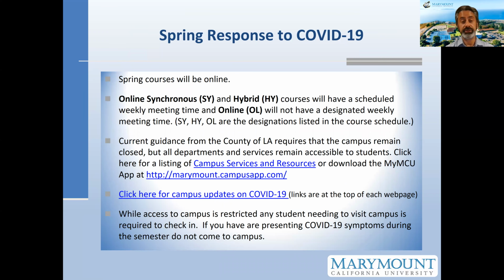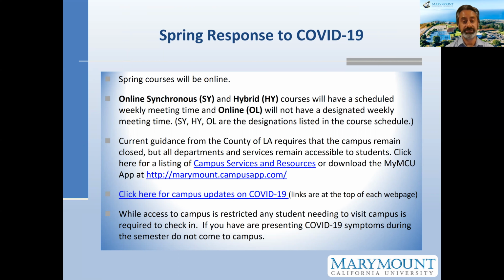So a little bit of information on our spring response to COVID-19. Spring courses will all be online, and you can identify the different kinds of online classes by a two-letter name.